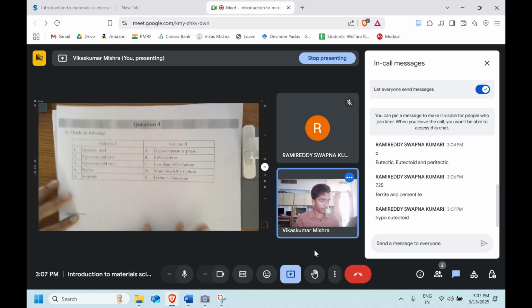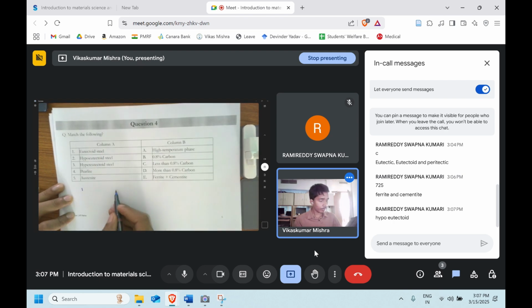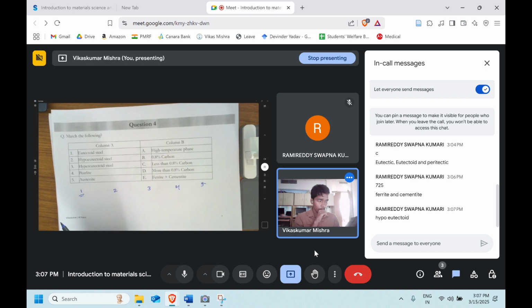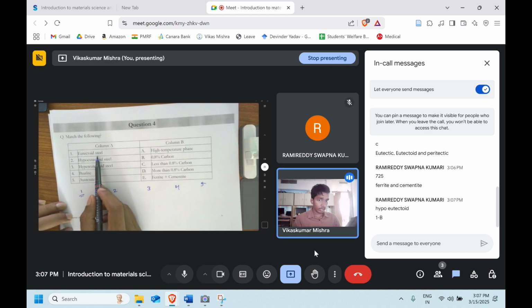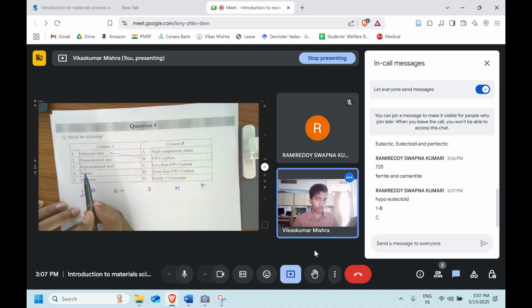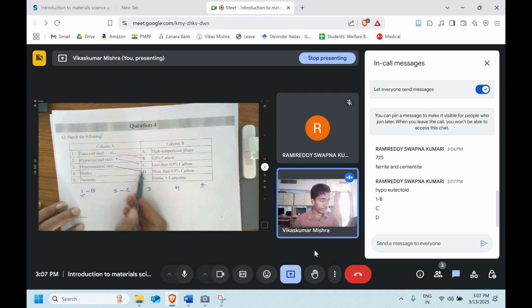It's a match the pair. So the first one, that is the hypoeutectoid steel, is going to match with B. Perfect, right? 0.8% carbon. The second one is going to match with the hypereutectoid, so it is C. That's correct. The next will match with option D. Very good.